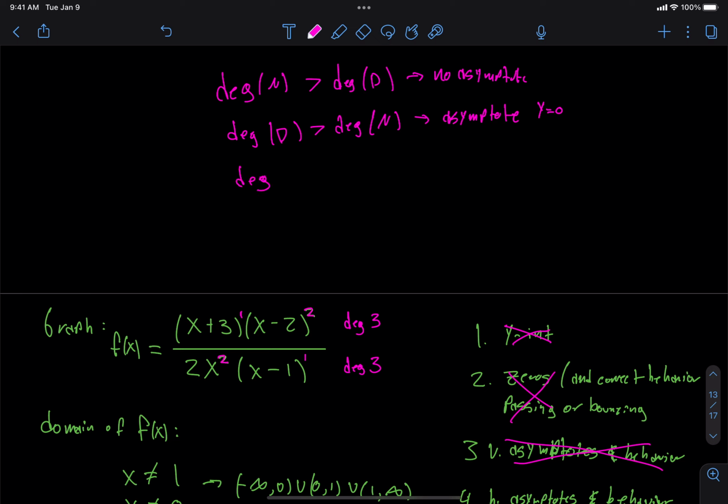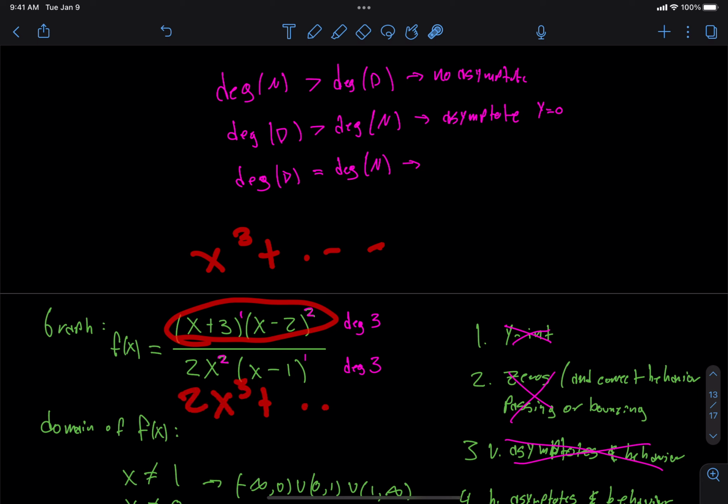And if they're equal, then what? We're going to have a horizontal asymptote, but it's not going to be 0. It's going to be somewhere else. How do I figure it out? Well, if we were to multiply this out, it would look something like x cubed plus some other stuff. And in the denominator, it would look like 2x cubed plus some other stuff. The only thing that matters for the end behavior is these two terms.